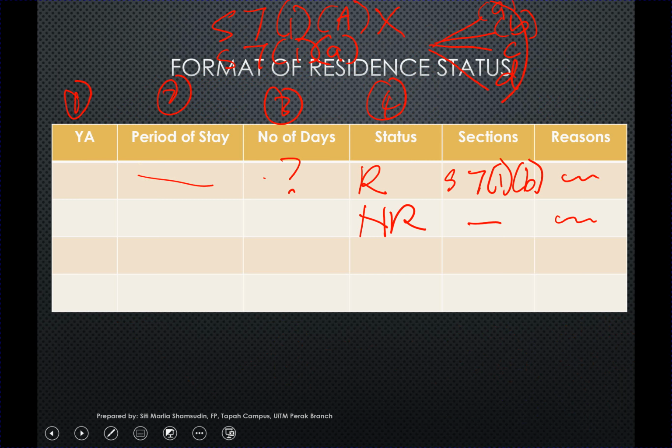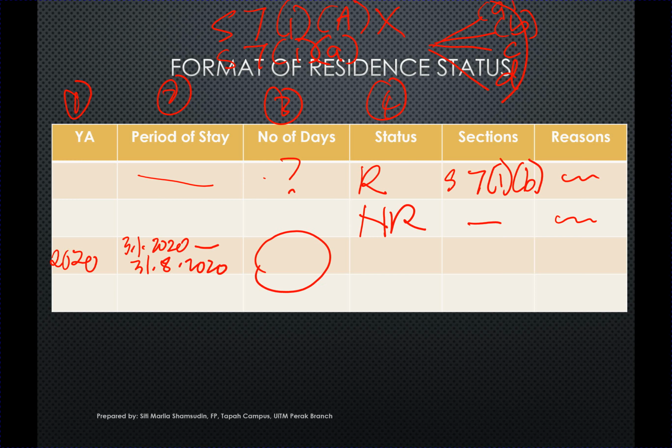So cara nak jawab dia tadi, awak tulislah YA dia 2020. Period of stay dia awak buat 3 Januari 2020 sehingga 31 Ogos 2020. Tolong tulis berapa actual number of days tu. Status dia resident. Section apa yang kita pakai? Section 71A.